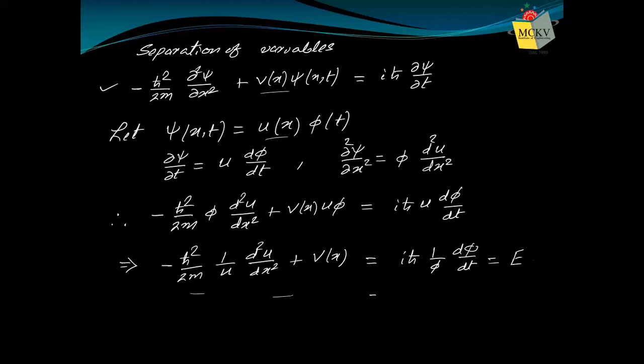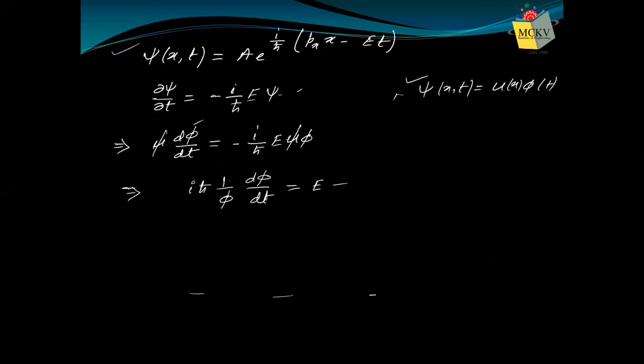During your exam, if the question is to write down Schrodinger's time-dependent equation and find the time-independent equation from it, then during the process you need to write down that left-hand side equals right-hand side equals some constant, and that constant is energy, this E. During the process, you may or may not show how this energy comes. This is the process.